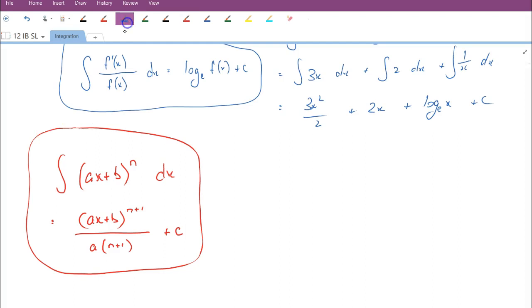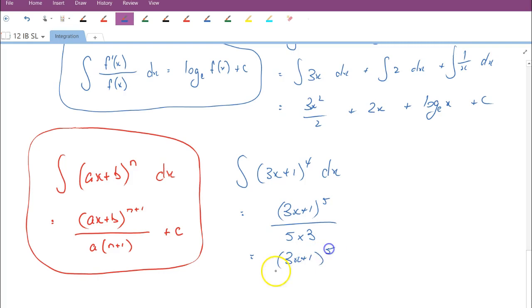So for example, let's find the integral of 3x plus 1 to the power of 4. Let's go with that. So this will go, right, just hold that intact, raise the power by 1, 5 by 3 underneath. So it's 3x plus 1 to the 5 over 15 plus c on the end there.